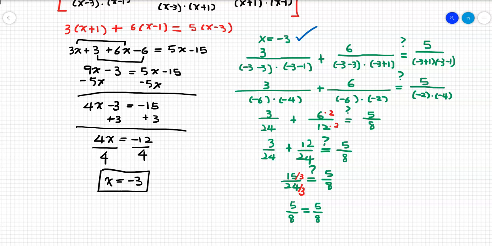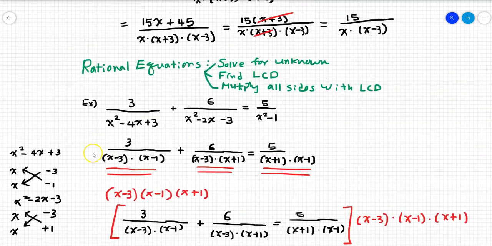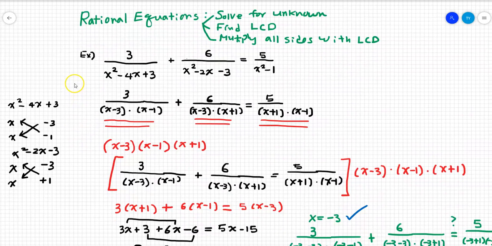So here's going to be the key that we need to understand here. I'm going back to the beginning. The rational equation, what we are doing here is that we're going to solve for the unknown. We are not simplifying or anything. I want you to find out what x is. Okay, unknown.